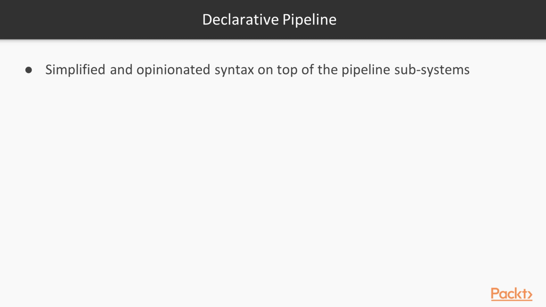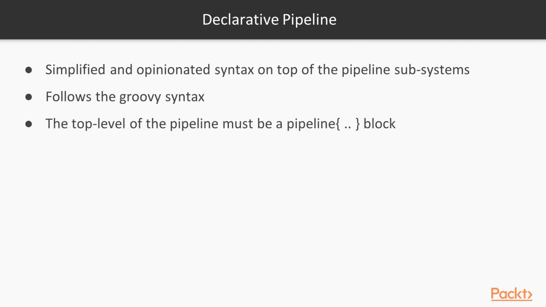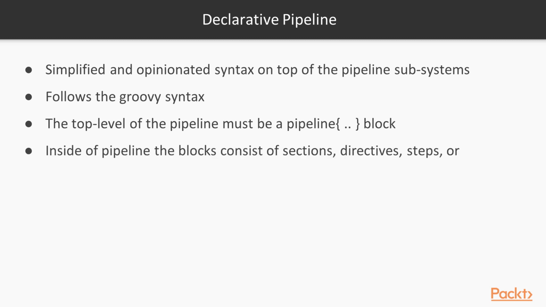Similarly to the scripted pipeline, it follows the Groovy syntax, but a little bit different. On top level of the pipeline, you must declare the pipeline block. Inside of the pipeline block, you need to add the sections, directives, steps, or assignment statements, which we are going to see in this video.